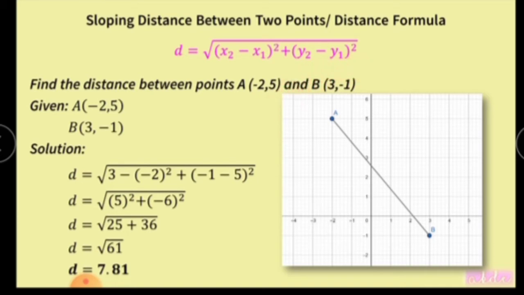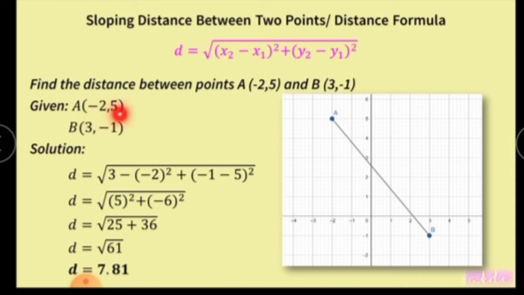So let's try to find the distance between point A (-2, 5) and point B (3, -1). We are going to assign values for x sub 2, x sub 1, y sub 2, and y sub 1. So let's say (3, -1) is our x sub 1 and y sub 1, and point A is our x sub 2 and y sub 2.